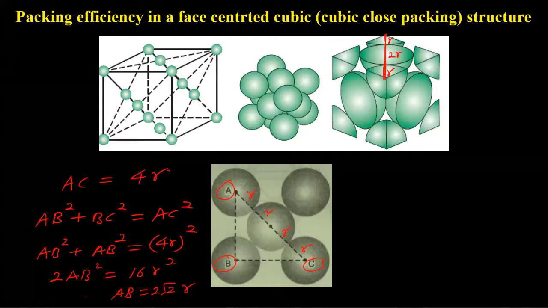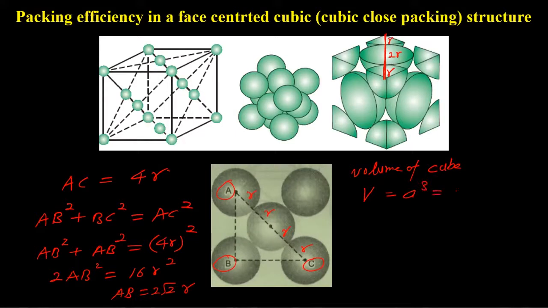So the side of the square we got is 2 root 2 r. The moment we got AB, we can calculate the volume of the cube. Volume of the cube in total will be a cube, that is 2 root 2 r whole cube.